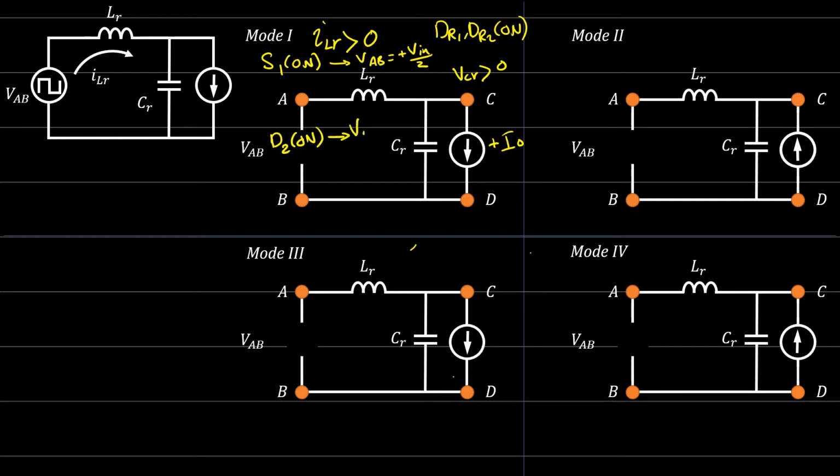Negative. If VAB is equal to minus V input over 2. So this is for mode number one. So it depends on the current, on the voltage, right? And also on the output side.